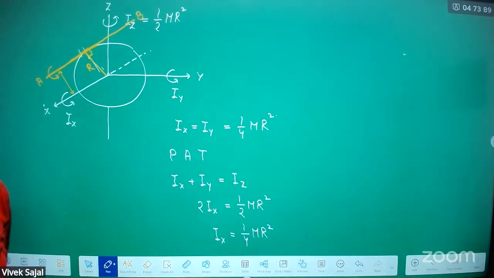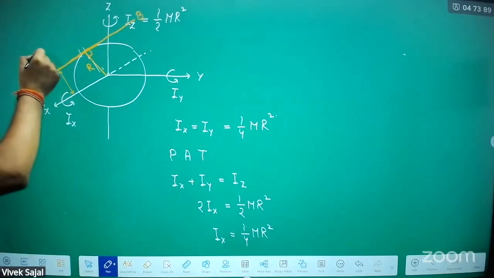Then you are going to use the parallel axis theorem. If you are rotating about this, I'm saying this is IAB.